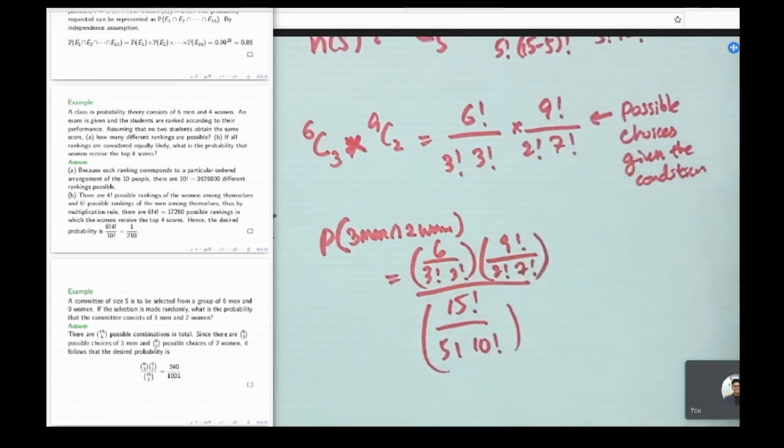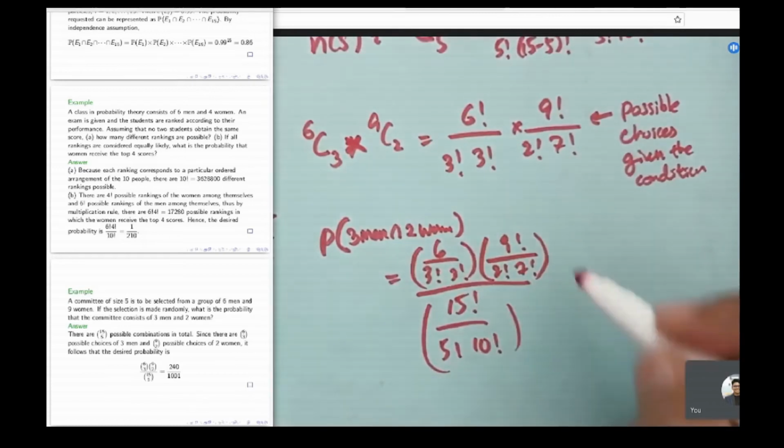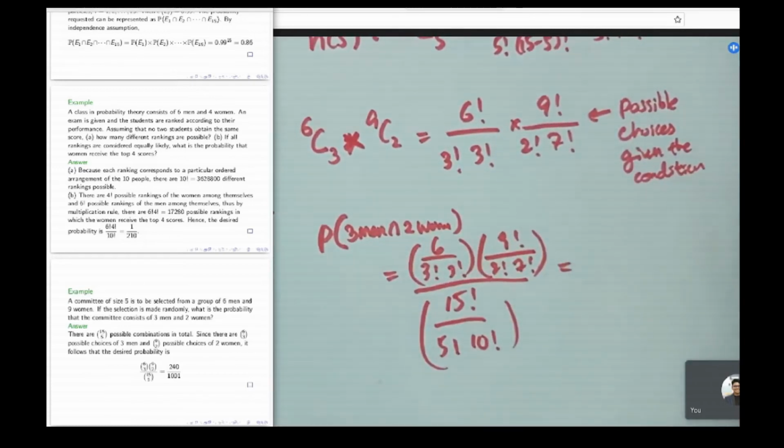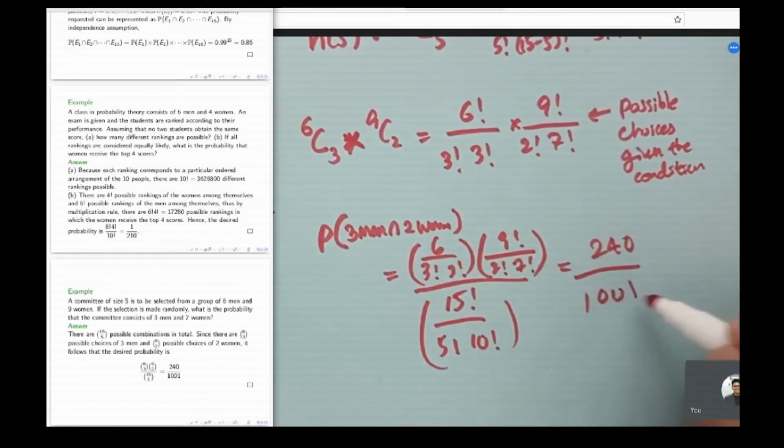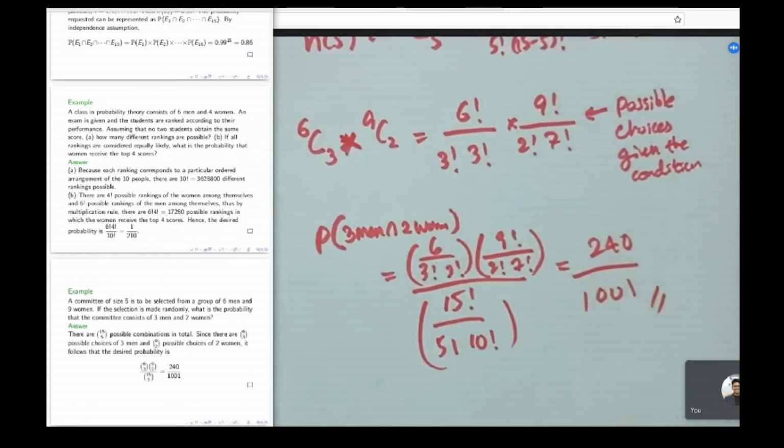So this is how you get the probability. If you do your math using your calculators, you get 240 over 1001. That is the probability of getting 3 men and 2 women from a group of 6 men and 9 women to form a committee of 5.